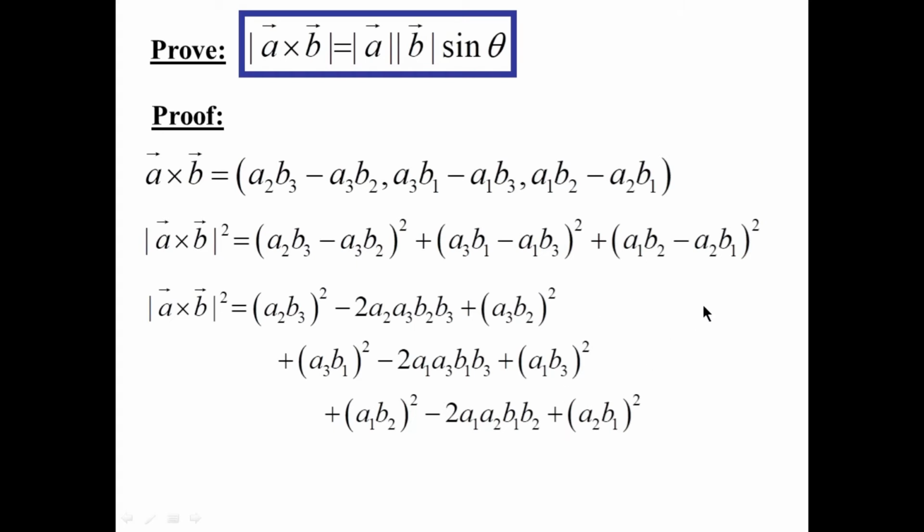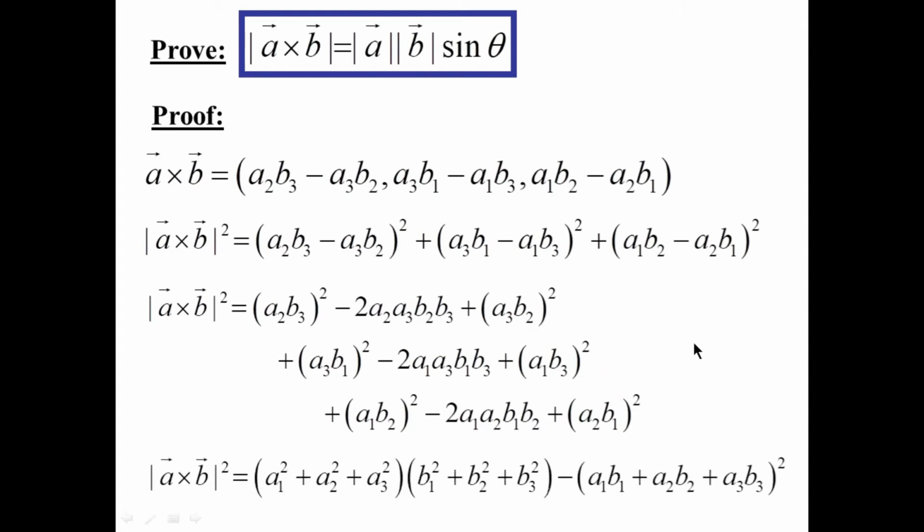Now I'm going to make a claim. I can regroup all of these terms into something that looks like this. And you might say, how did you do that? My answer is, it might take an afternoon of tinkering and regrouping and thinking about it, but you can confirm that it's true, because if you were to multiply this out and square this out and subtract these terms and then compare it to this, you'll see that it's true.